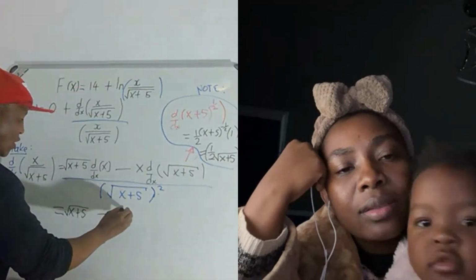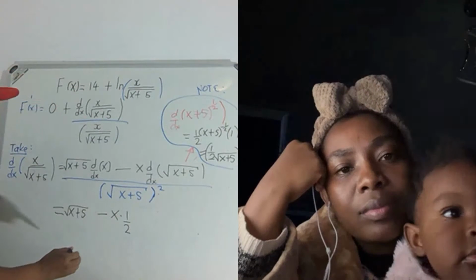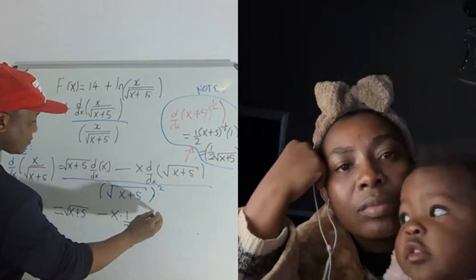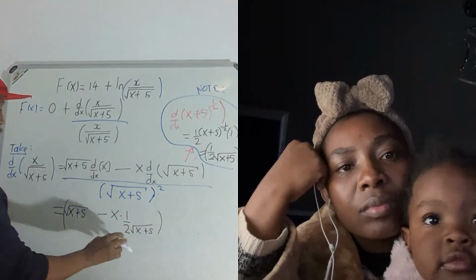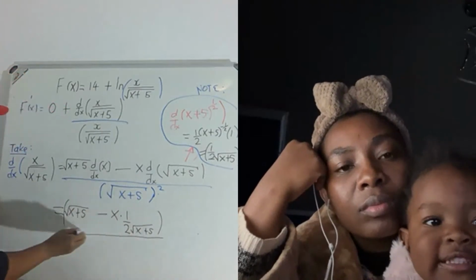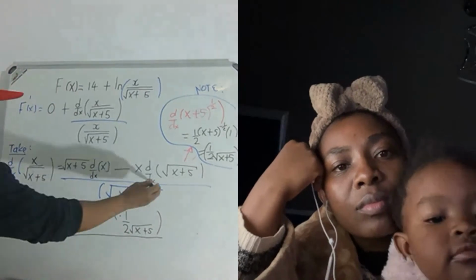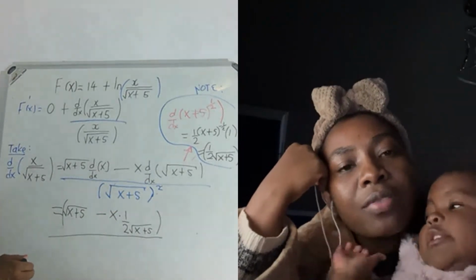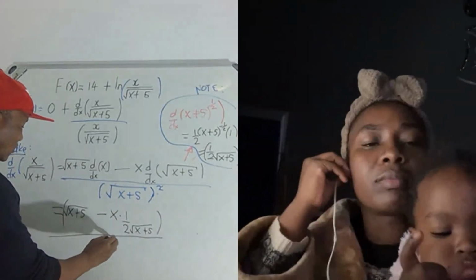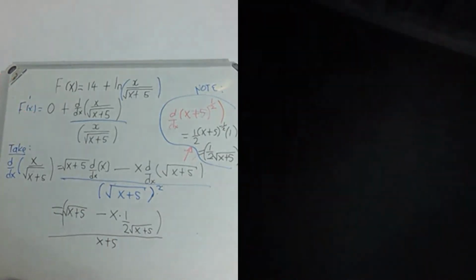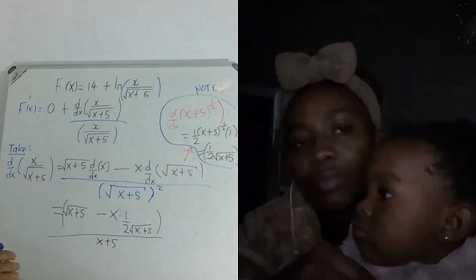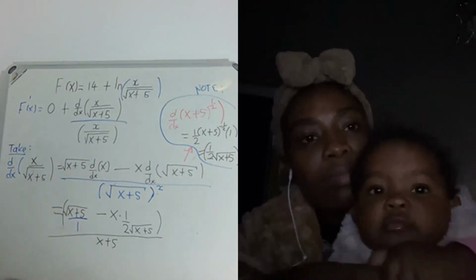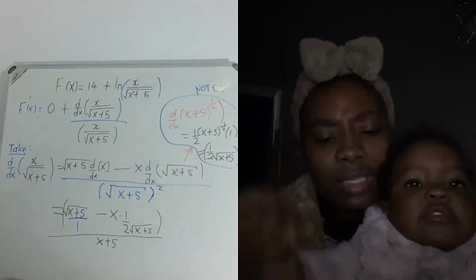So multiply by 1 over 2 square root of x plus 5, over, this and that cancel. And then you're left with x plus 5. You know you can say this over 1.